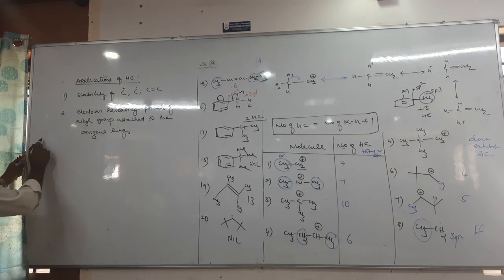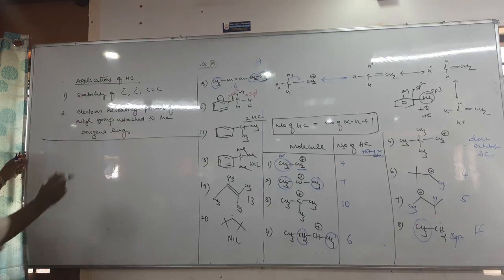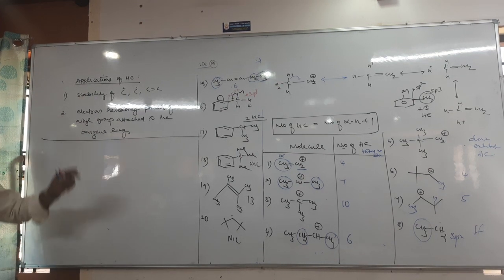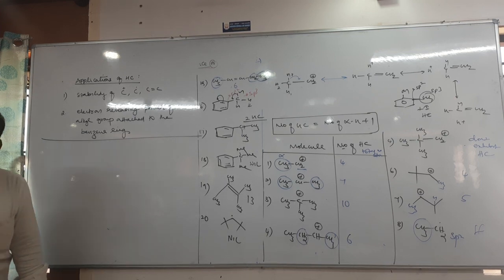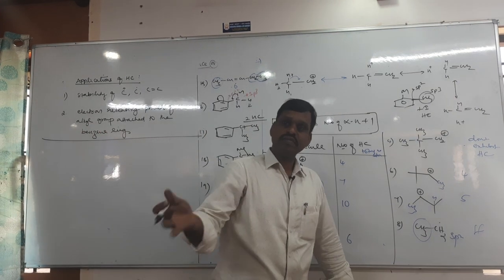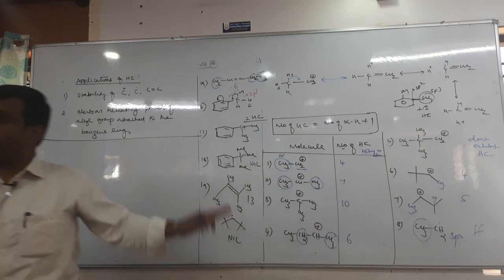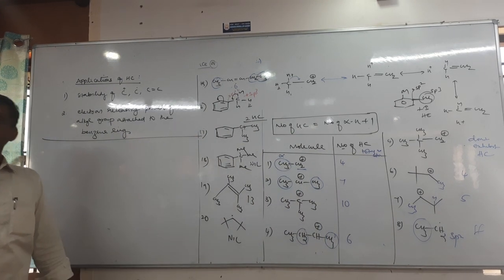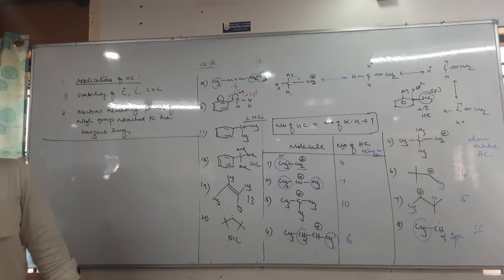Okay. Now tell me, first one: stability of carbocation, stability of free radical, and stability of alkene. What happens to the stability of all these three with hyperconjugation? It means the stability of all three is directly proportional to hyperconjugation. As the hyperconjugation increases, stability increases.